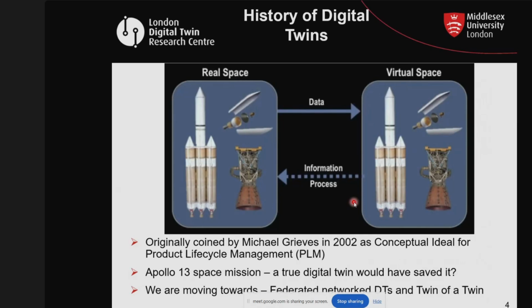From history to where we are now, we are actually going from a single digital twin. The simplest example of that is the electric vehicle charger, EV charger. If I have one charger and a digital twin of that, but I have 10 of them in a row, then I could have digital twins, a network of digital twins.